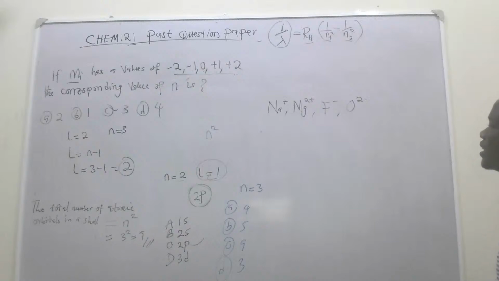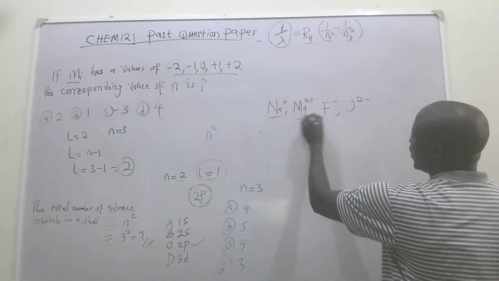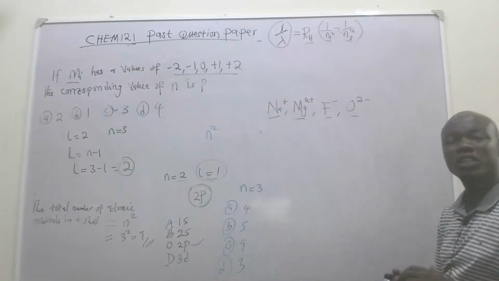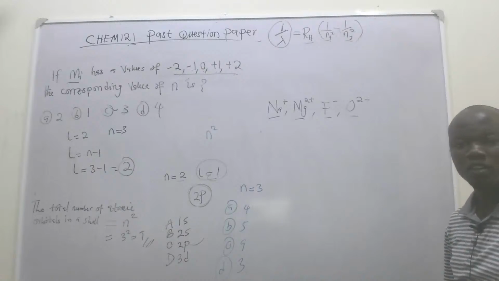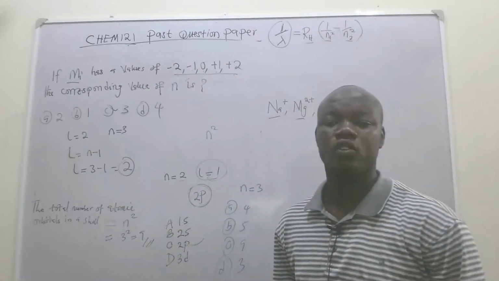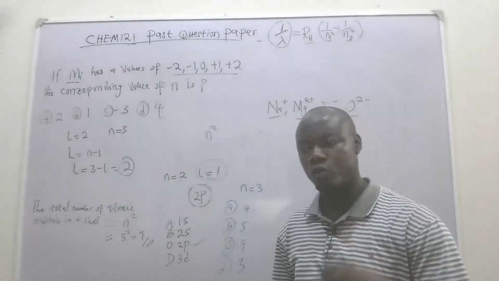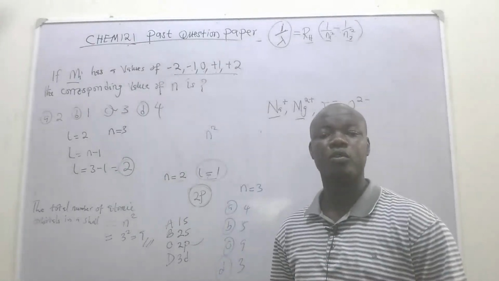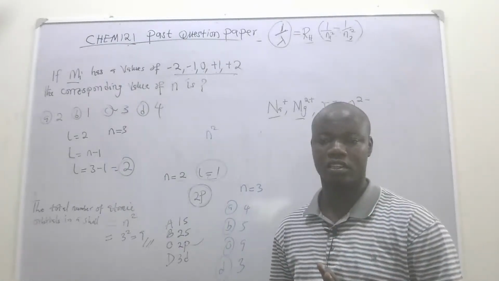If you look at this, you realize that this is magnesium ion, this is sodium ion, this is fluoride ion, and oxygen ion. So now the question is, what is atomic radius? Atomic radius is the distance of electron from the nucleus to the outermost shell for an atom that either loses or gains an electron.